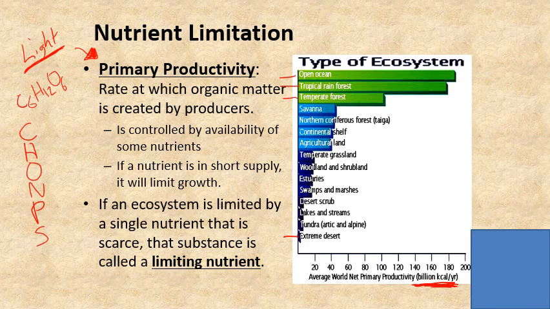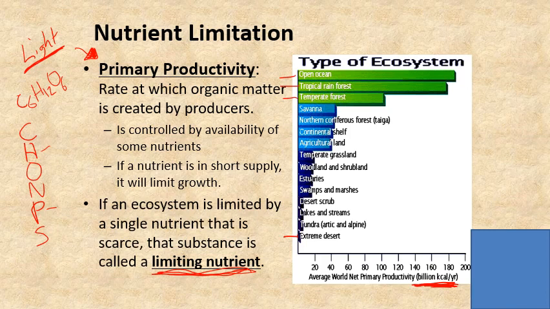So the limiting nutrient is not necessarily the one you need the least of, because you may need much more hydrogen than you need phosphorus. It's just that the amount available is low.